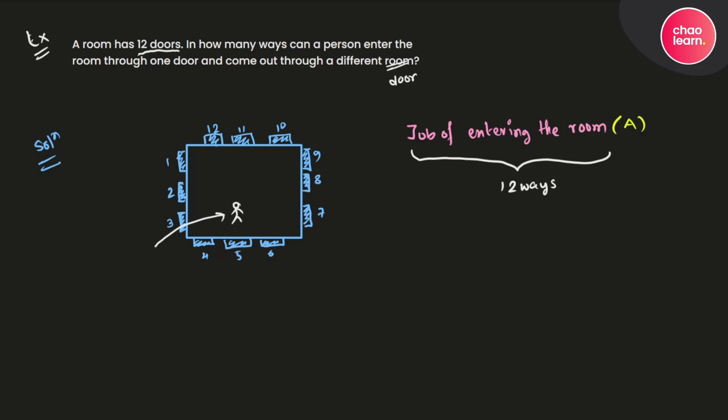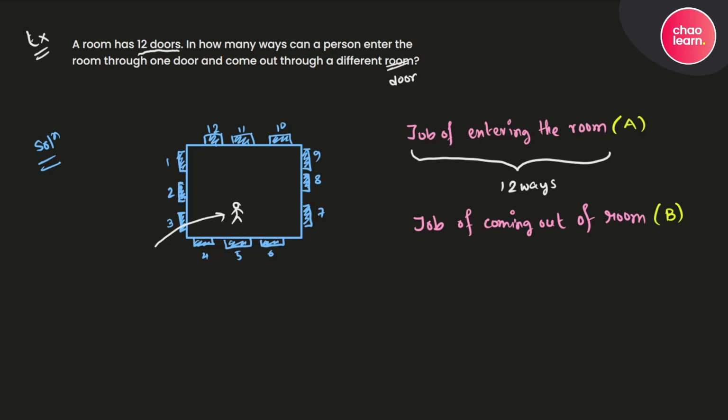Then the other job is the job of coming out of the room. Okay, so let's name it as job B, right?